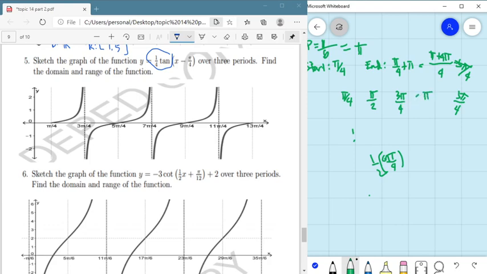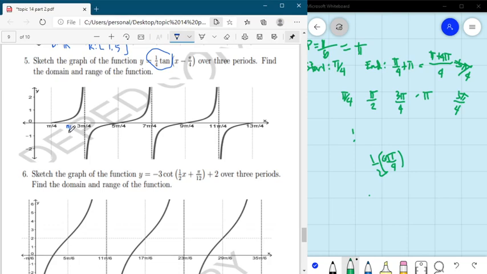So we have pi over 4, then pi over 2. Then 3 pi over 4, then pi. Then 5 pi over 4, then 3 pi over 2. Then 7 pi over 4, then 2 pi. And 9 pi over 4, then 5 pi over 2, then 3 pi, and 13 pi over 4.